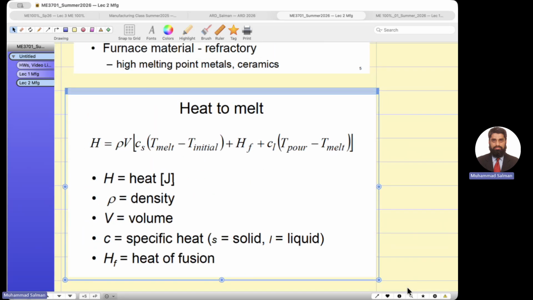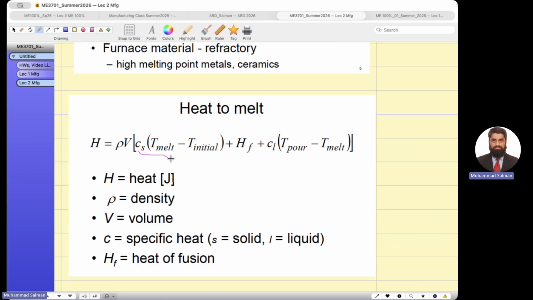Rho is the density, V is the volume. Look, this is the sensible heat. Whenever there is a change in temperature, then it's sensible heat, either rising temperature, or heat of fusion.